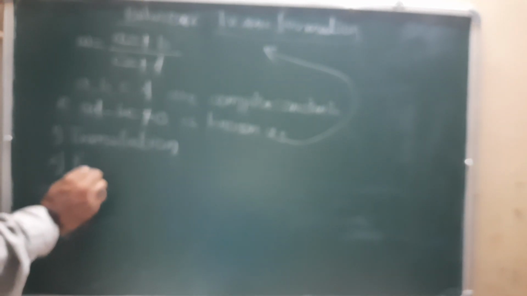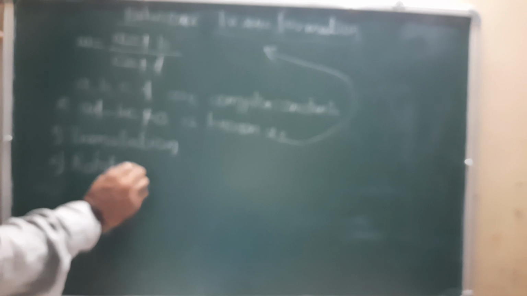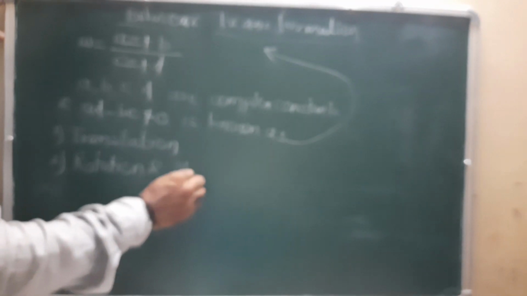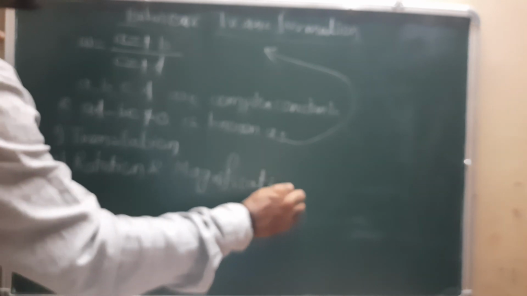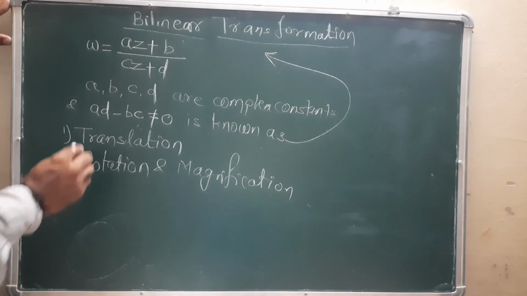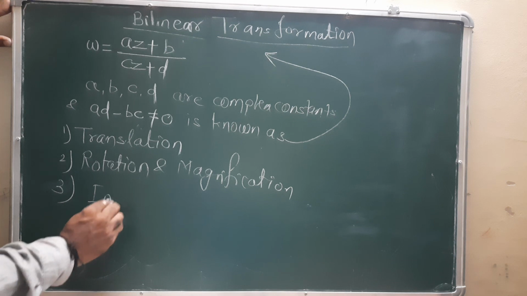Now bilinear transformation is a combination of basic transformations: first translation, next rotation and magnification, and third one inversion.